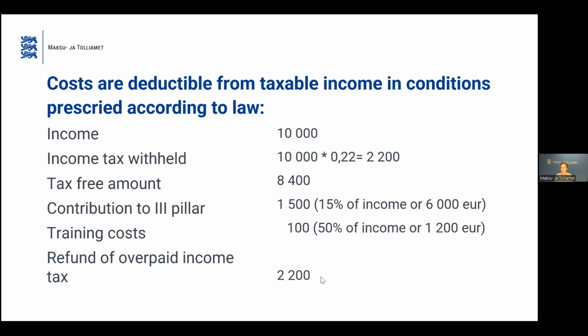And if those training costs are accredited and documented, then those may be deducted from your income in the Estonian tax return, but there is also a limit to this deduction, which is 50% of your total income or 1,200 euros, depending on which is less. And this limit is also calculated by tax administration.